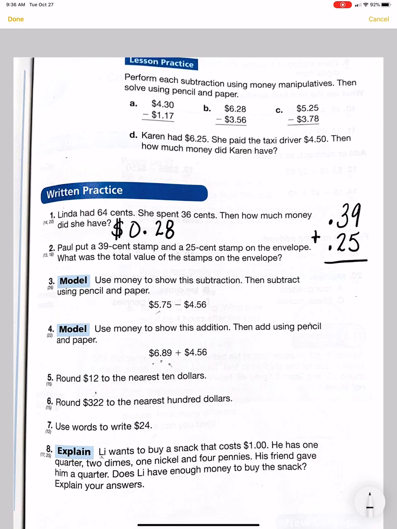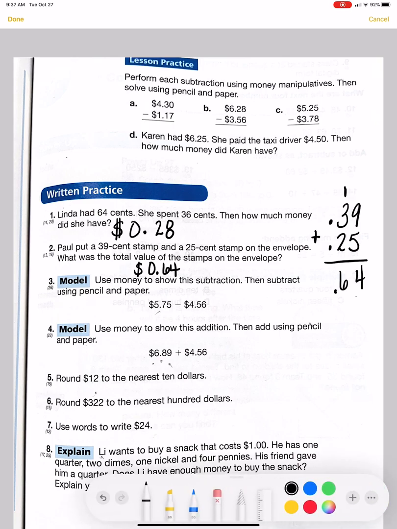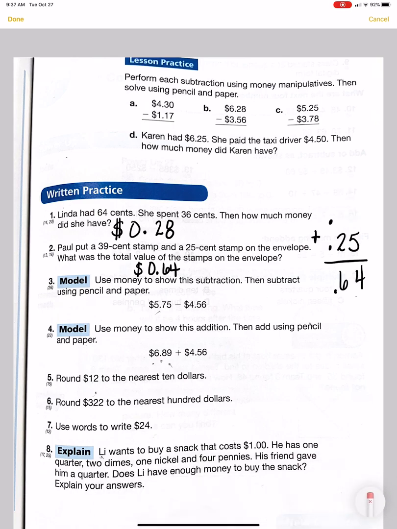So all together, 9 plus 5 is 14, carry, 3 and 1 is 4, plus 2 is 6, and we have 64 cents. Okay, I'm going to erase the work. Make sure you're doing the work, not just copying the answers. I will mark it wrong.